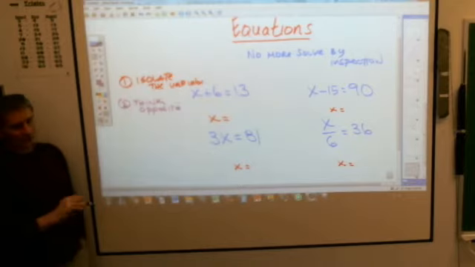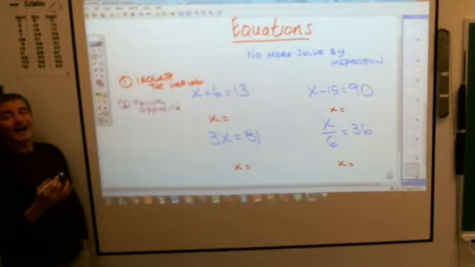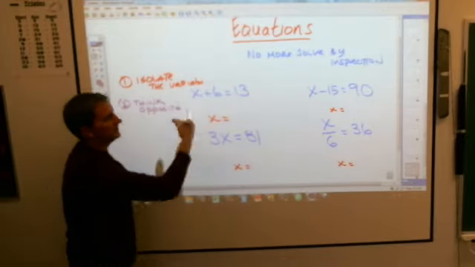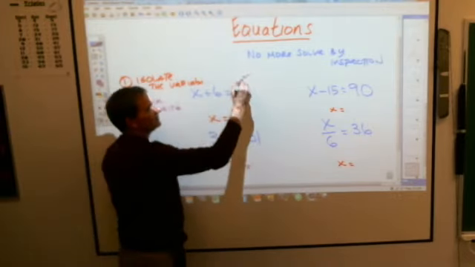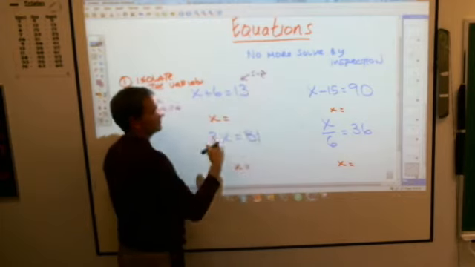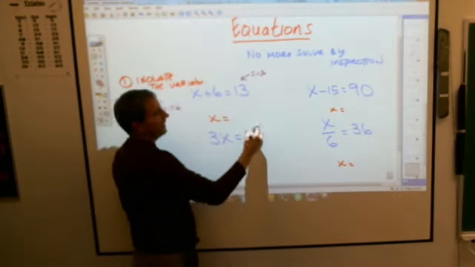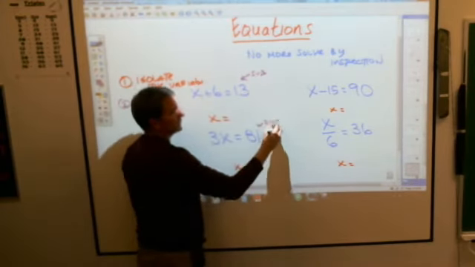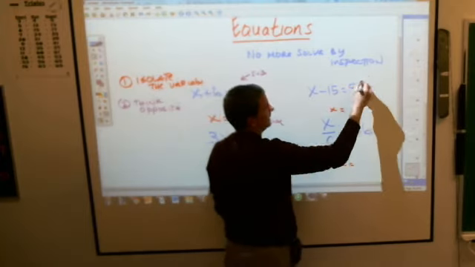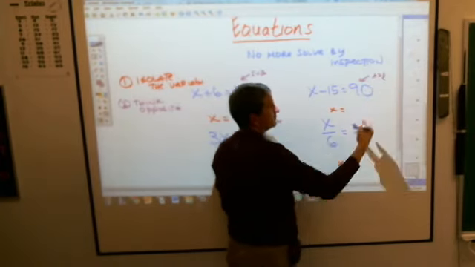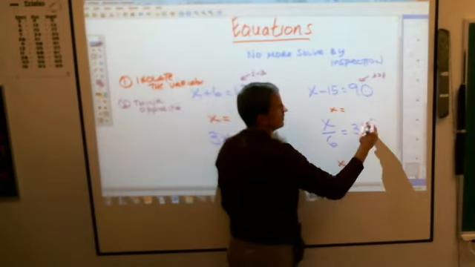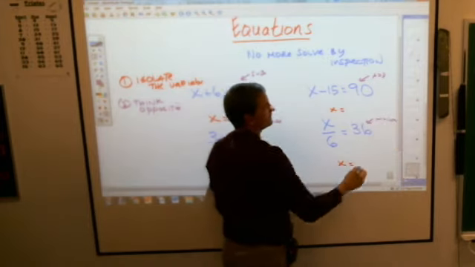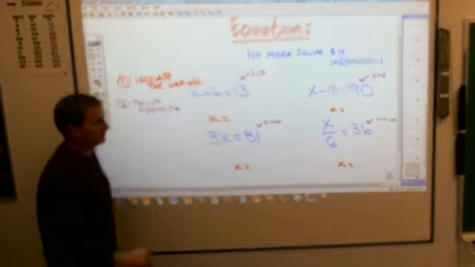Whatever type of equation it is, you are going to do the opposite mathematical operation to solve it. This is an addition equation. I'm going to subtract when I solve it. This was a multiplication one. I'm going to divide. This one was subtraction. I am going to add. And this one was division. I'm going to multiply. I always think the opposite of what I see there.